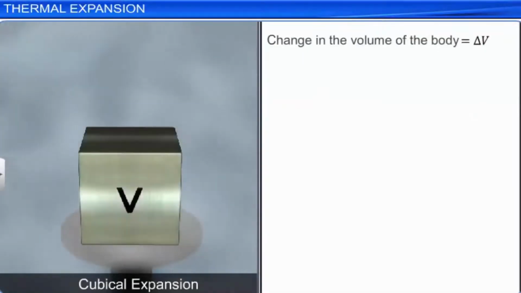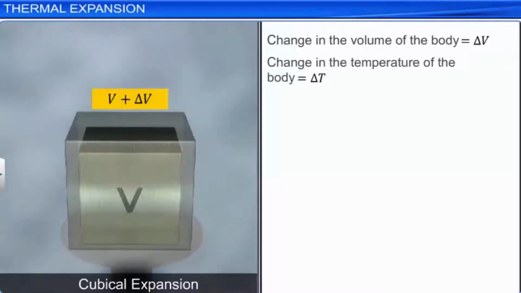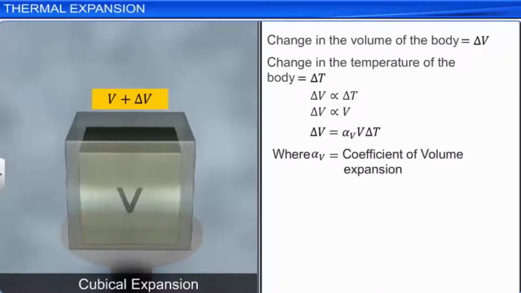If the volume of a solid body is V and delta V is the change in volume for a change of temperature delta T, then delta V is equal to alpha V into delta T, where alpha V is called the coefficient of volume expansion.